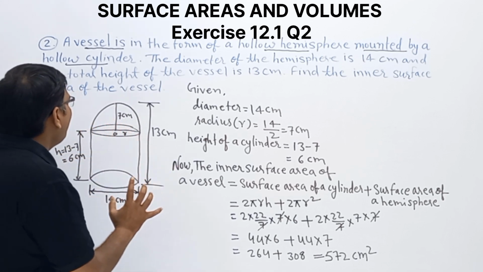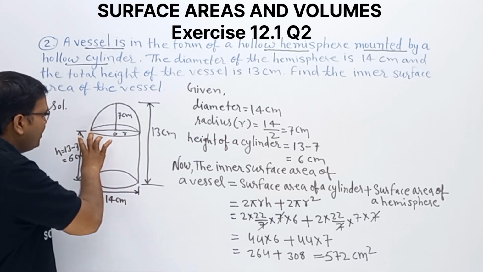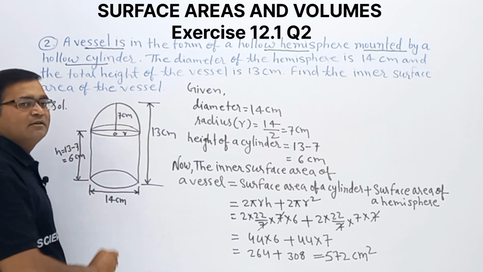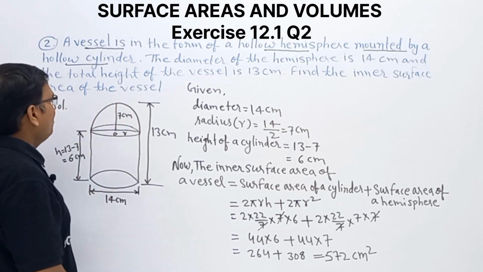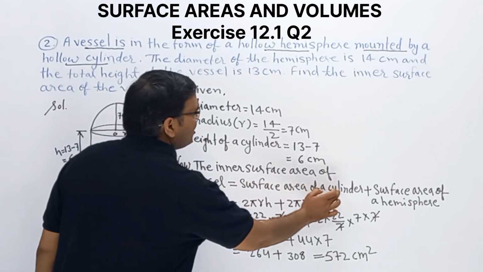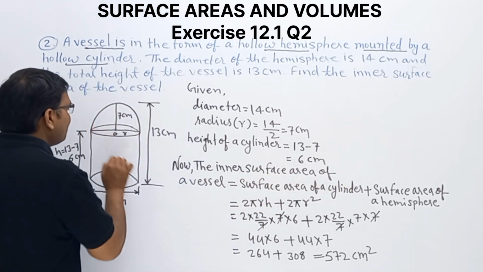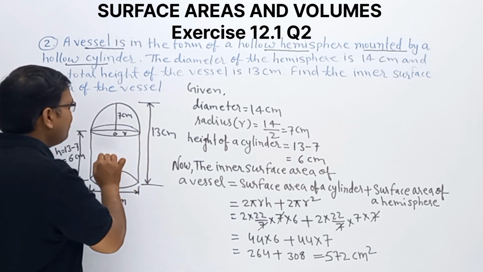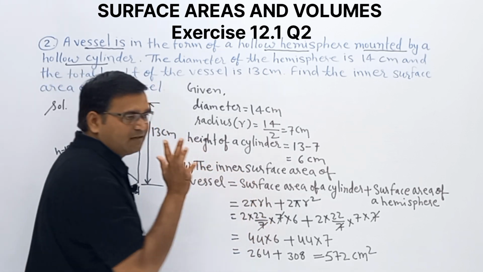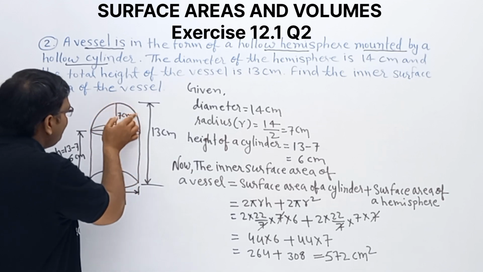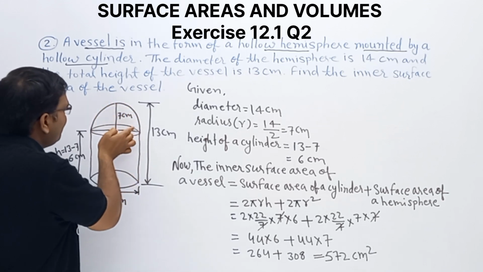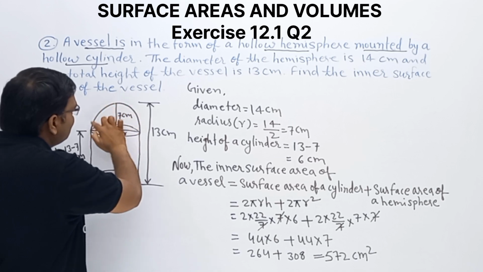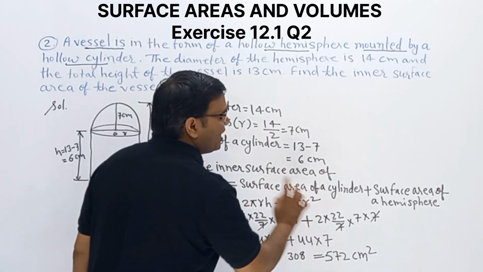So how will we find it? We are having two solids. The first one is the cylinder and the other is the hemisphere. The inner surface area of the cylinder is its curved surface area, and its formula is 2 pi rh. For the hemisphere, the inner part area is the same as the curved surface area, which is 2 pi r square.